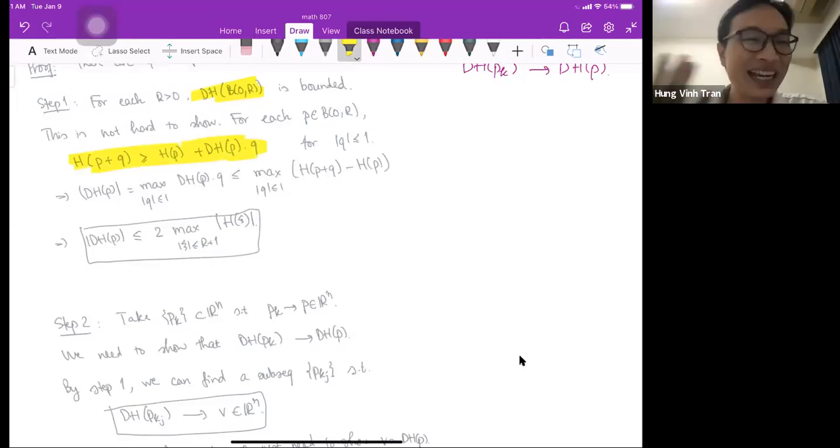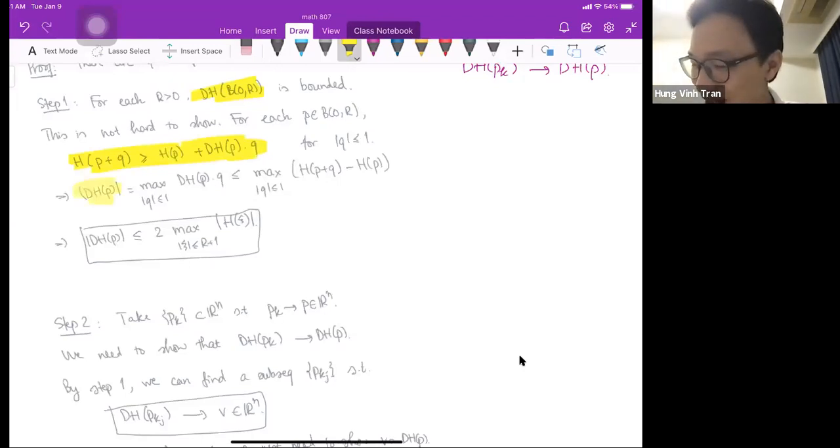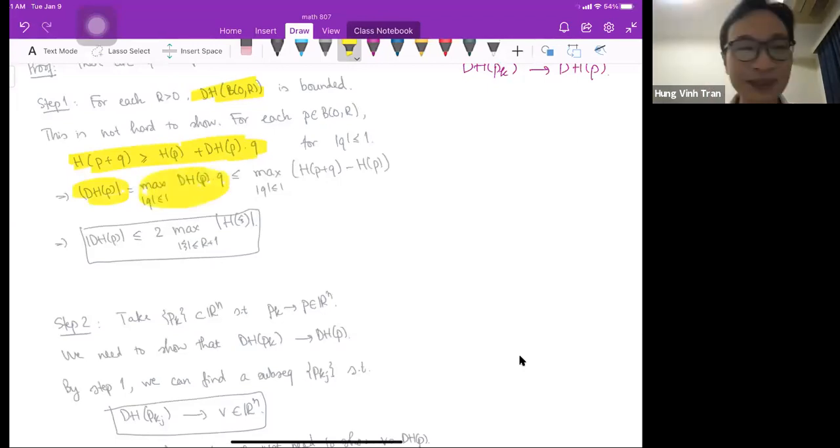So you can always have this inequality, and you know that to measure the length of the gradient, you just need to measure the maximum over all vectors q with norm less than or equal to 1 of dH(p) dot q. This is less than a difference, so you can easily get that the length of the gradient is bounded by twice the max value of something.